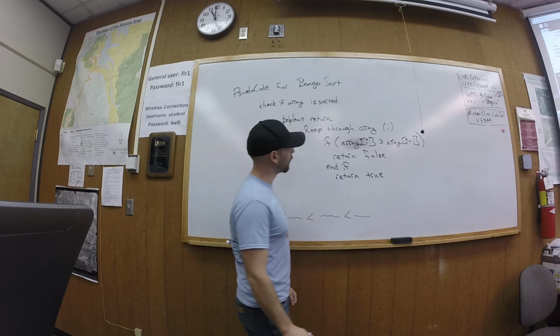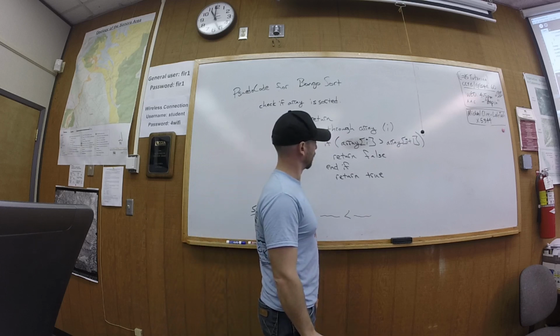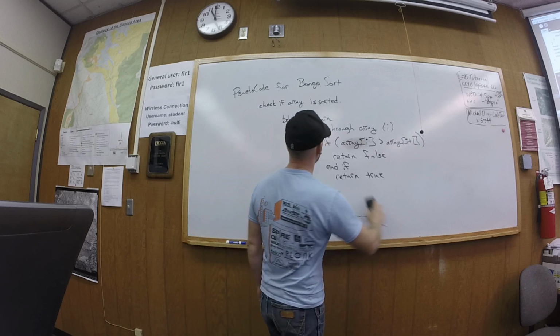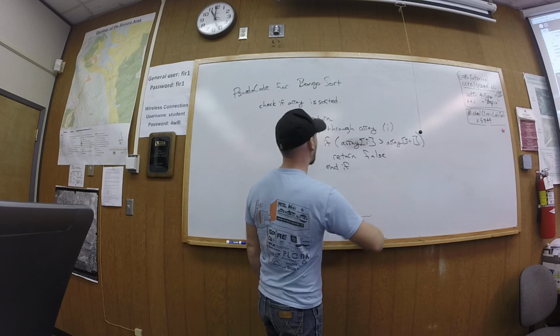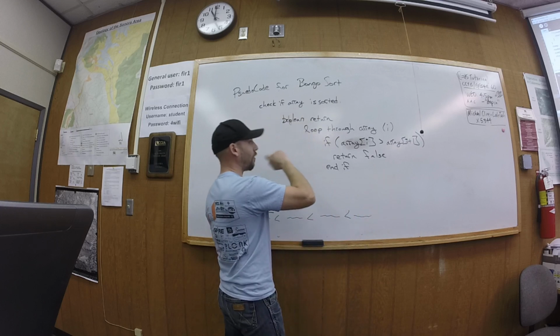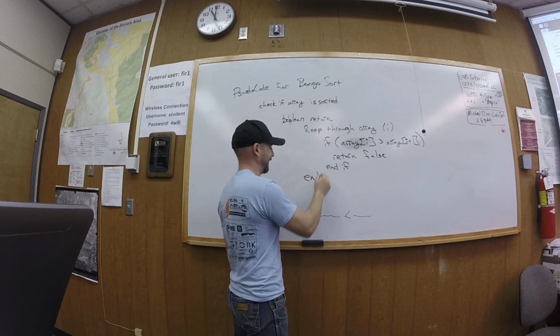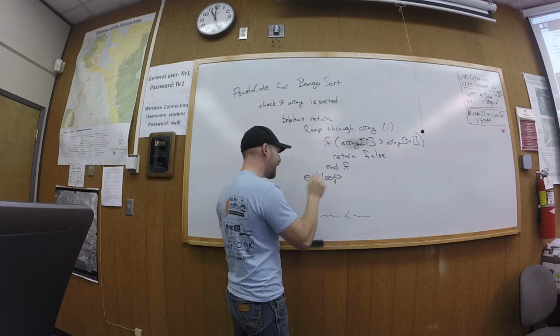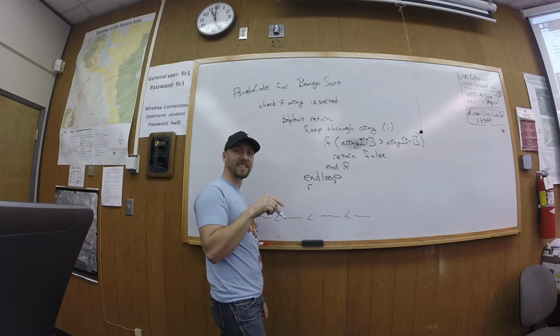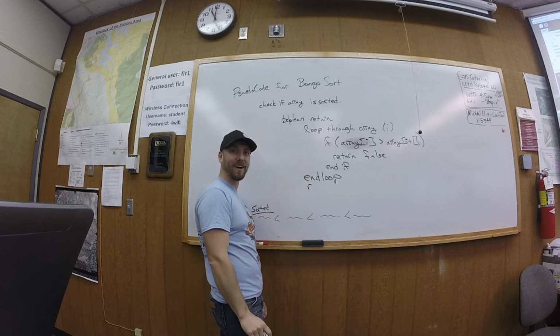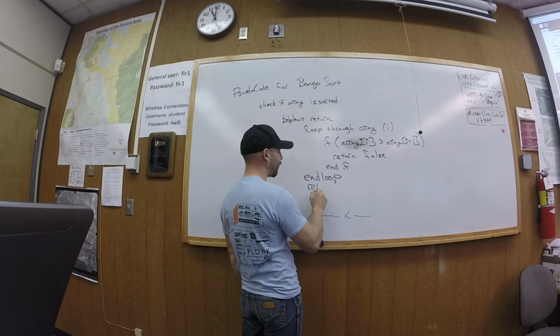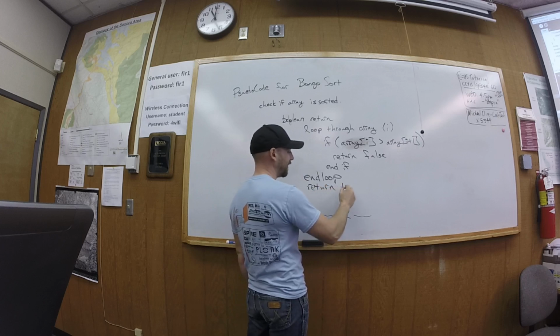I don't want to return it that early. Why? Because you're still in the loop. Oh, duh, thank you. So I'm still in the loop, so I should end the loop. Thank you, Ben. And then if the loop ends successfully, then I've gone through the entire array, and I'll want to return true if I get to the end.